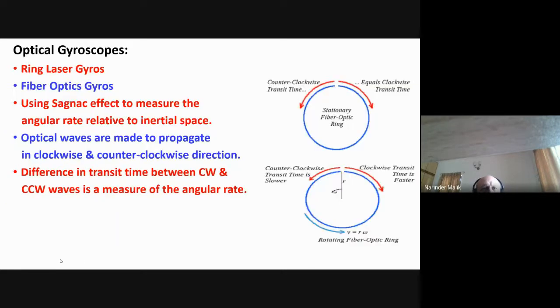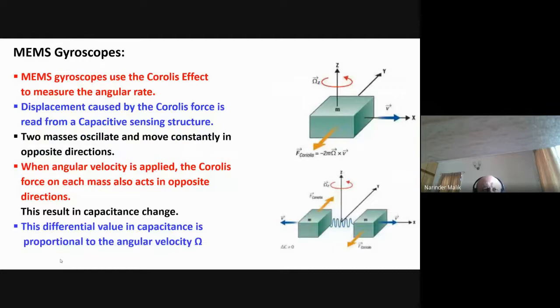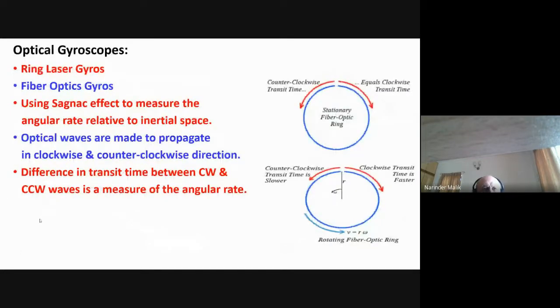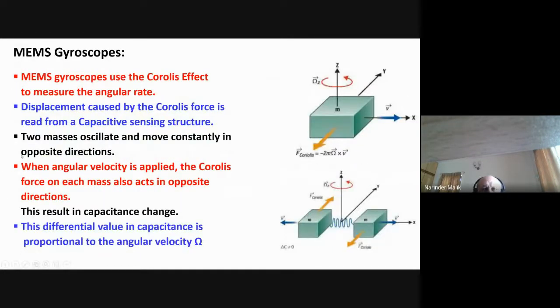The other is an optical gyroscope, ring laser. The next one is fiber optic gyros. The other is a MEMS gyroscope used in small satellites, nano satellites. Basically, there is an oscillatory mass, and because of the body rate, the Coriolis forces are generated, and these two masses will experience different forces.